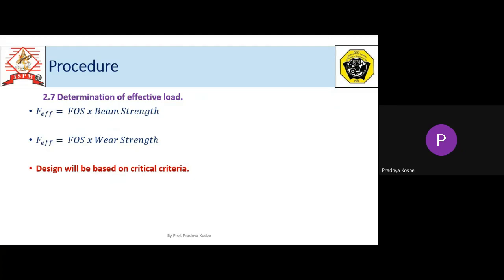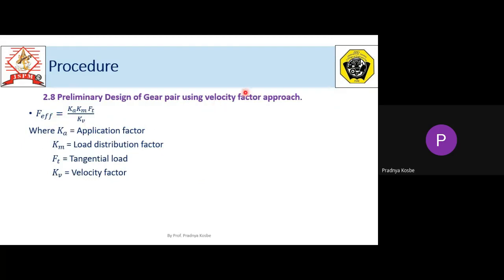So whichever has the lesser value, that will be our design criterion. Next, here power is given to you, speed is given to you. Power is known to us.